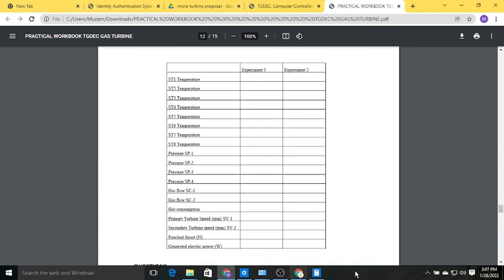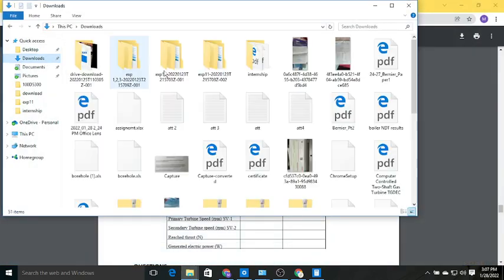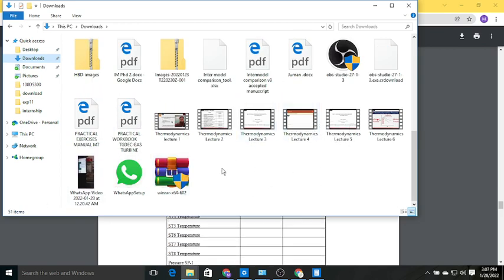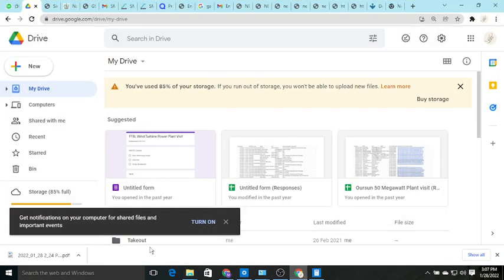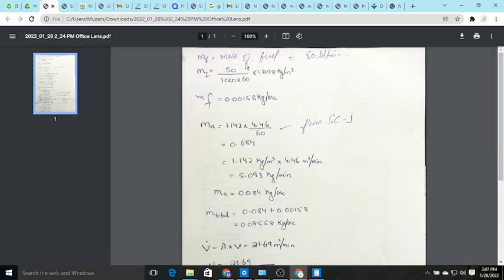now comes the calculation. This is the calculation. Okay, so MF is the mass of the fuel.